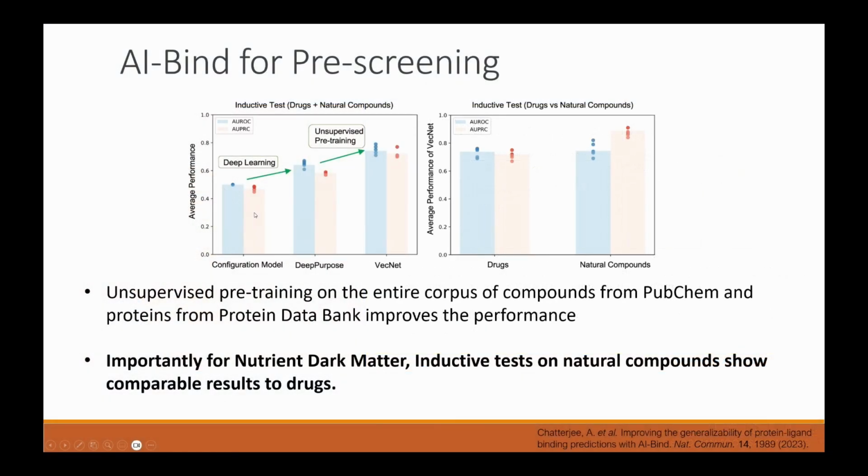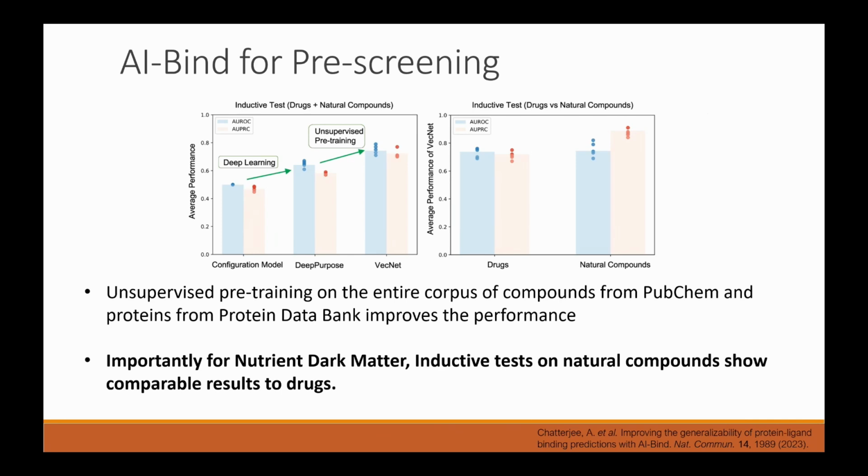And as we can see, if we just use the configuration model that we had before, and then we use the network-derived negatives with DeepPurpose, we see an improvement in AUC as it starts to learn some of the additional metadata, say the structure of the compound or the structure of the protein, as a way to predict CPI information.